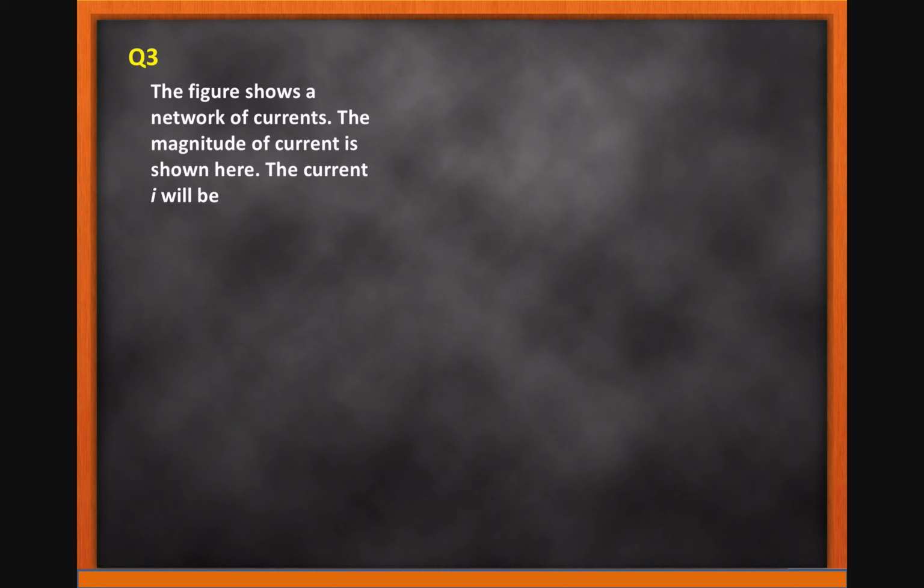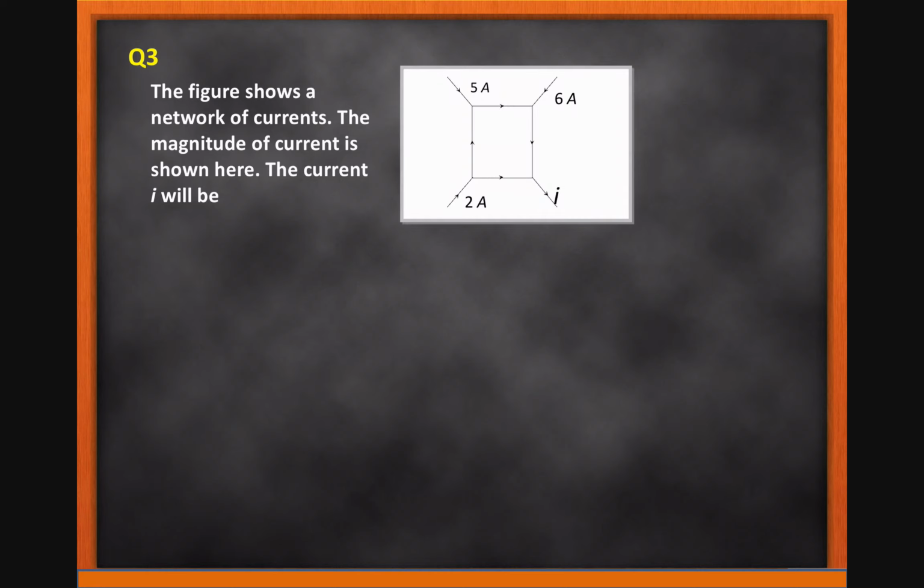Question 3. The figure shows a network of current. The magnitude of current is shown here. So what is the current I here? By Kirchhoff's first law, the summation of current entering is equal to the summation of current leaving.